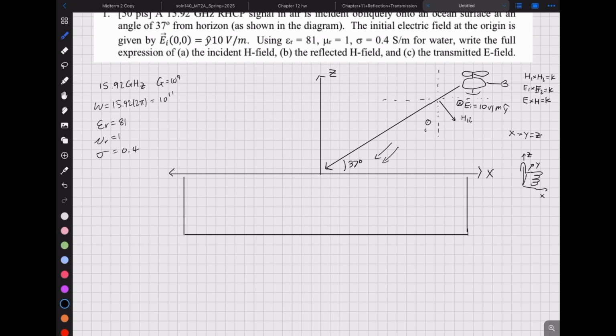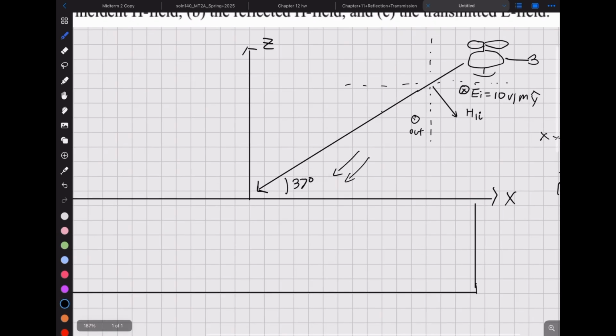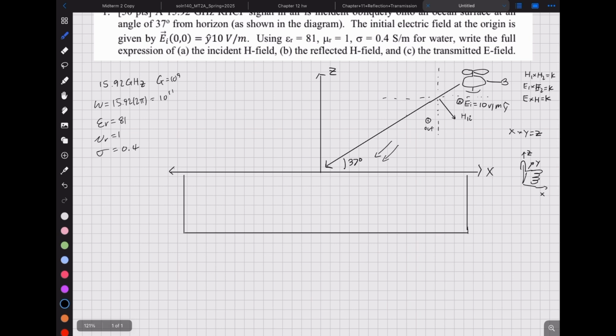And this angle is going to be 37 degrees. Okay, so using 90 degrees, this is 53 degrees.